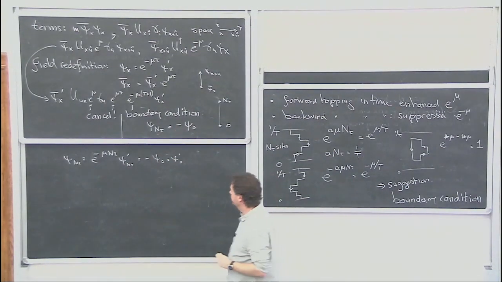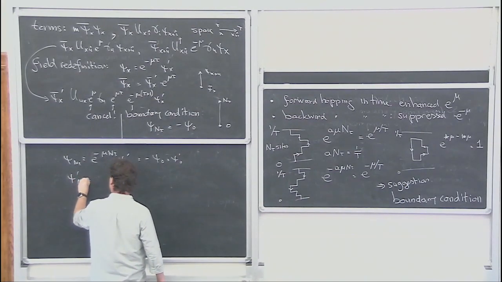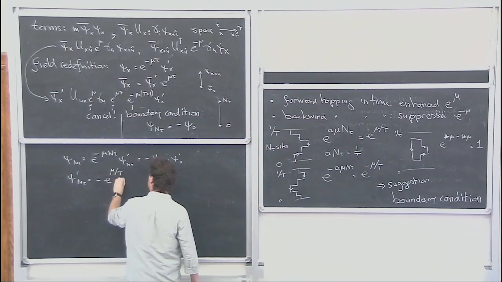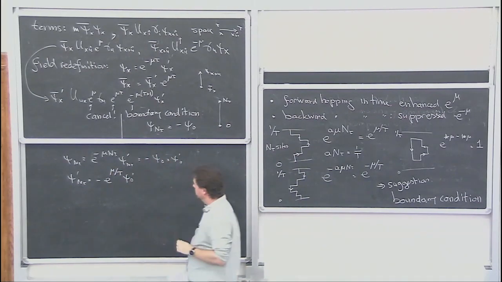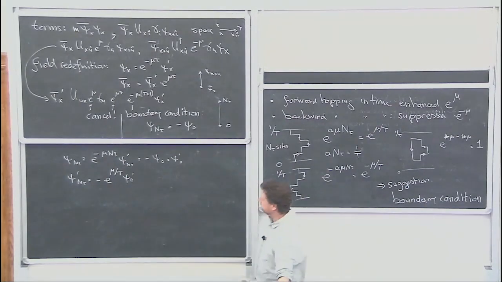And so the boundary condition I pick up is that psi prime at n tau is minus e to the mu over T psi prime at 0, because I have exactly this factor coming up as a boundary condition.